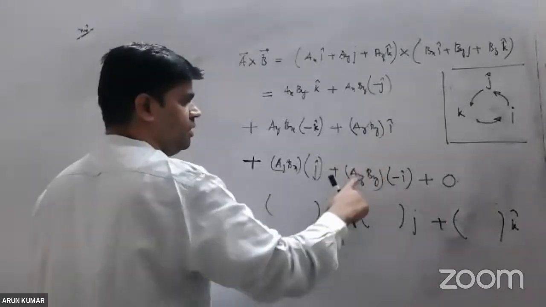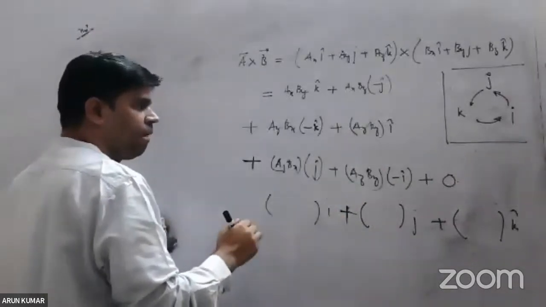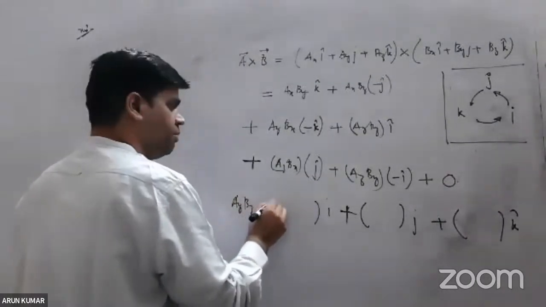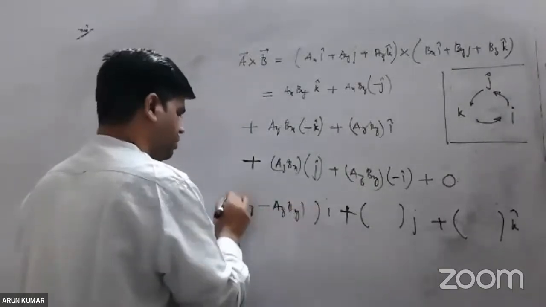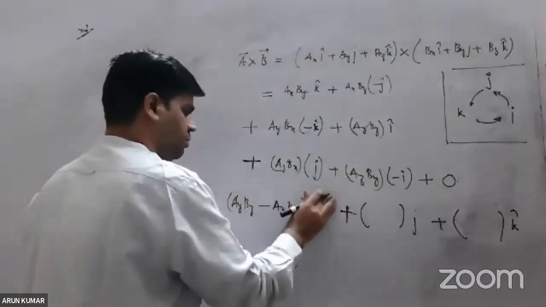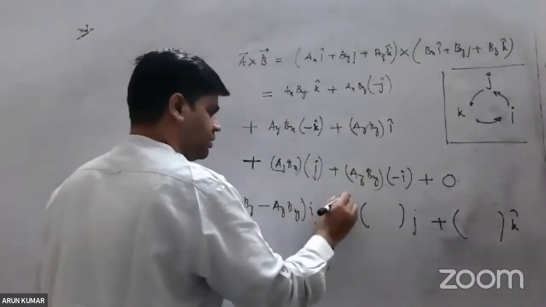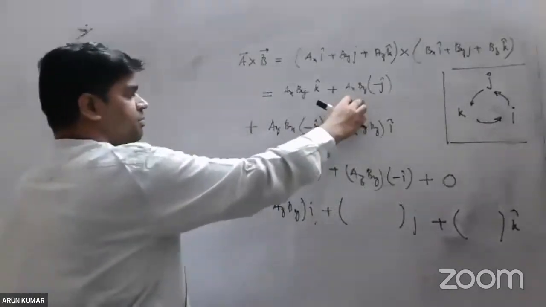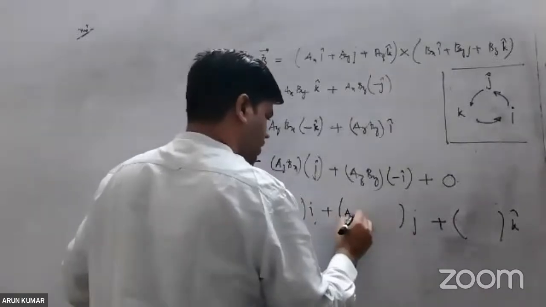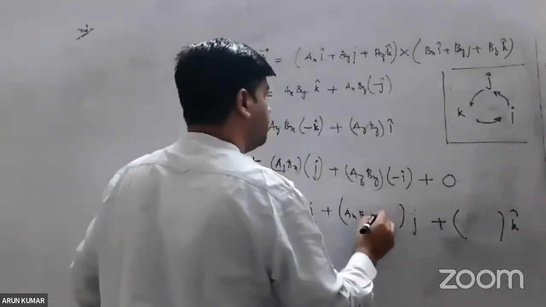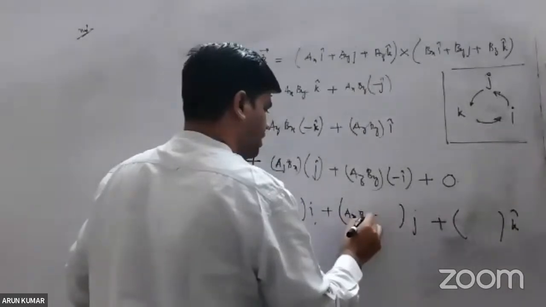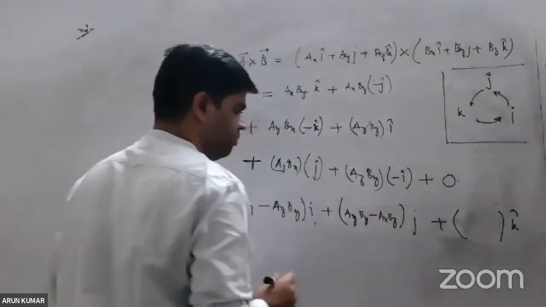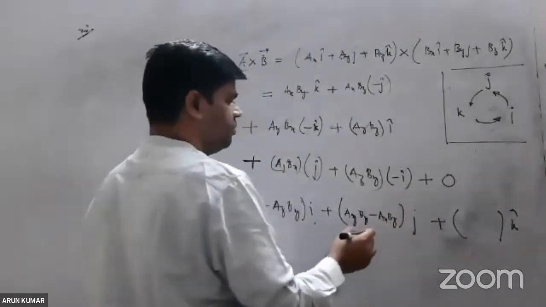So what do you get here in i cap? ay bz minus az by is i cap, plus j cap: az bx minus ax bz is j cap.